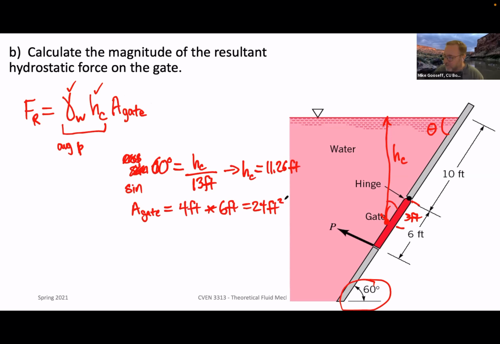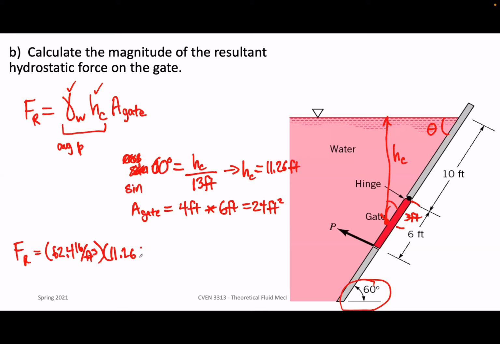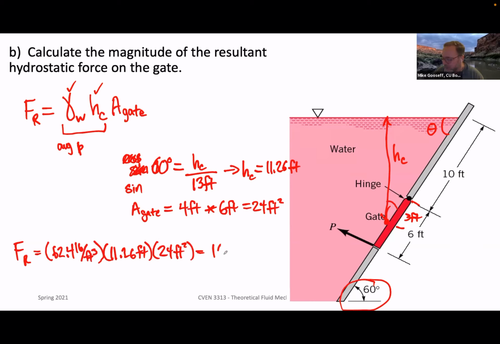If we solve this real quick, FR is equal to 62.4 pounds per foot cubed times 11.26 feet times 24 square feet. We get 16,860 pounds.